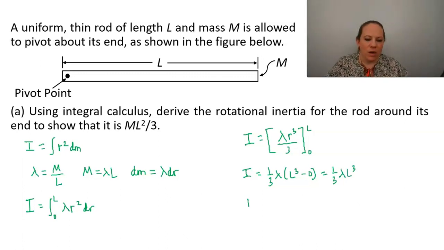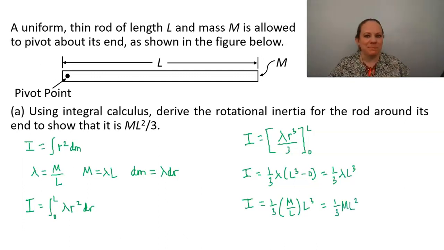And now we can substitute back in mass divided by length for lambda, that linear density, times L cubed, and we finally get that 1/3 mL squared that we were supposed to get.